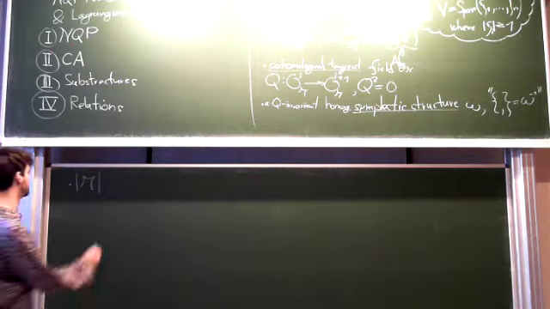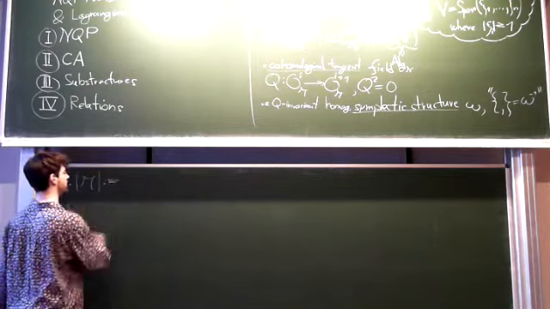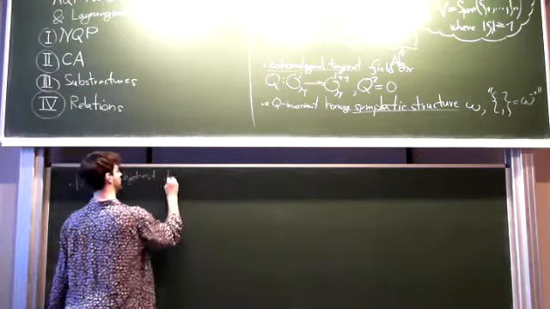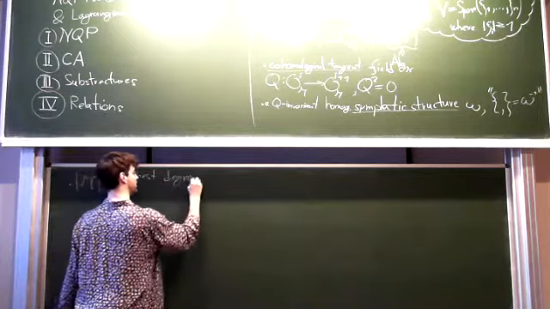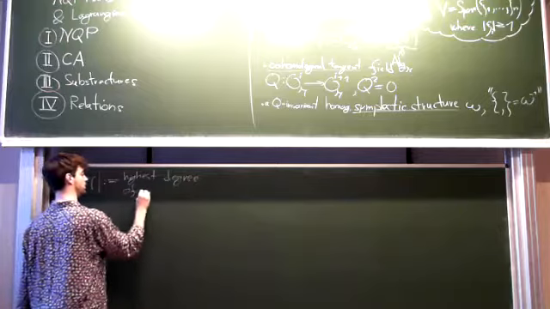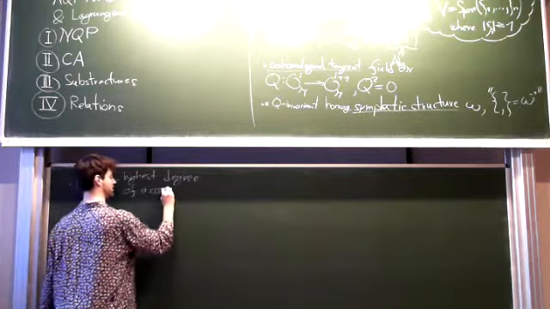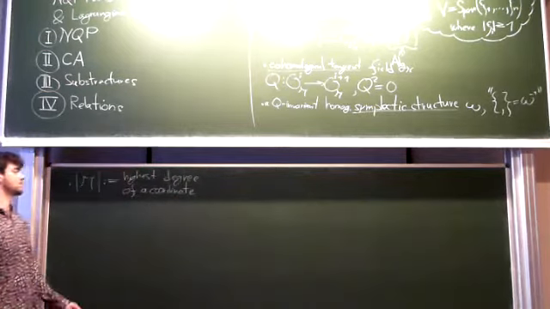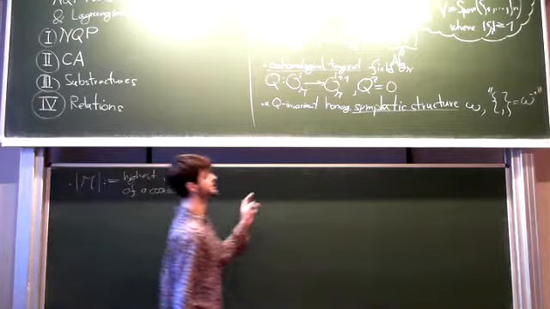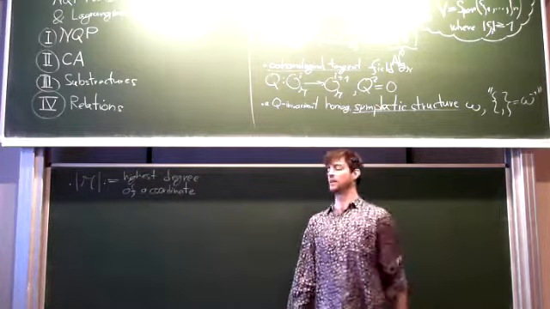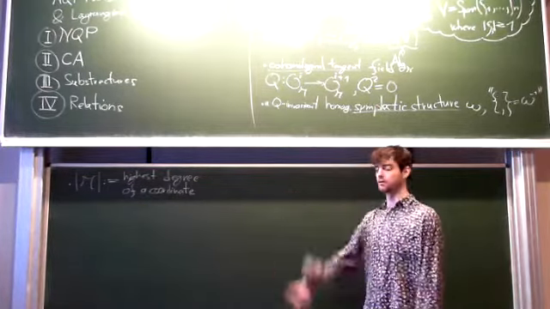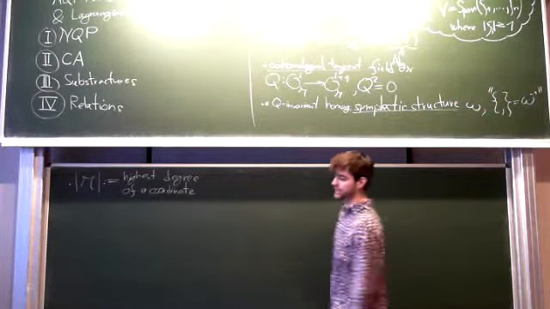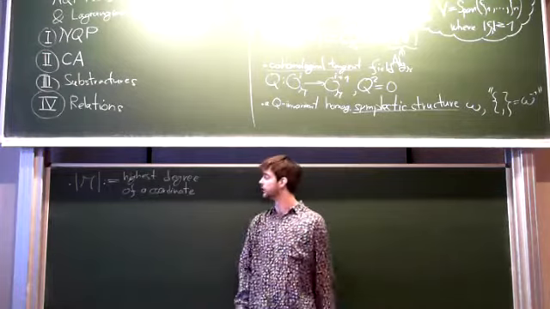So the degree of a manifold is defined as the highest degree of a coordinate. Again, by coordinates, I mean the actual coordinates of the base manifold and the ghosts and entities that generate those functions.